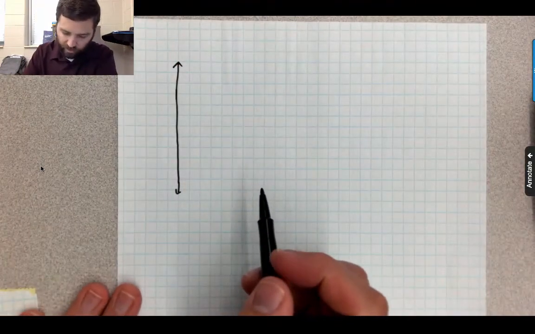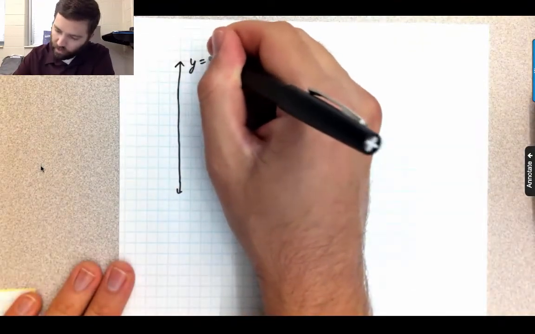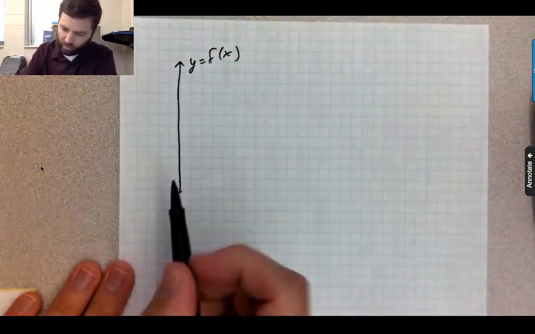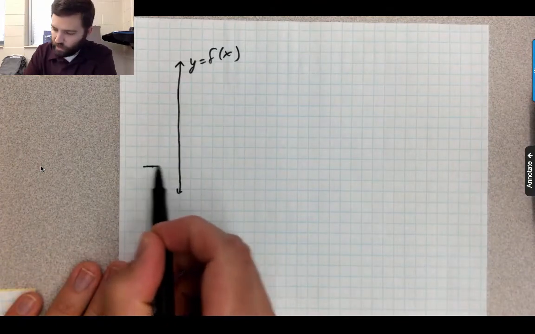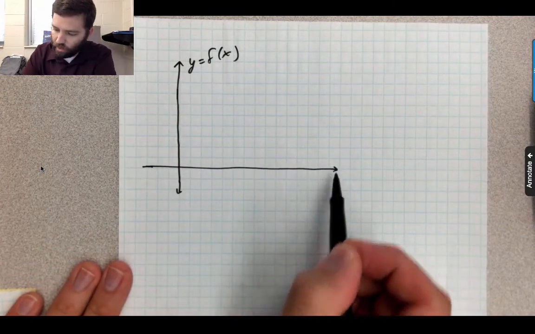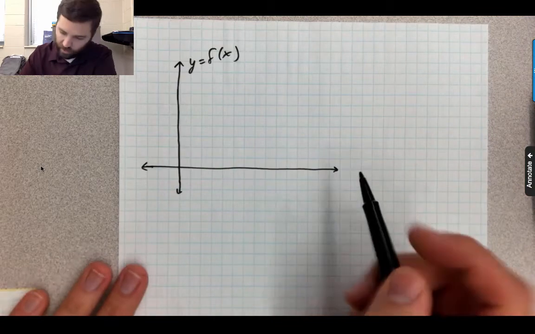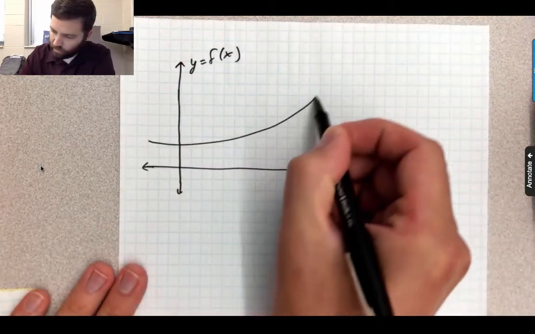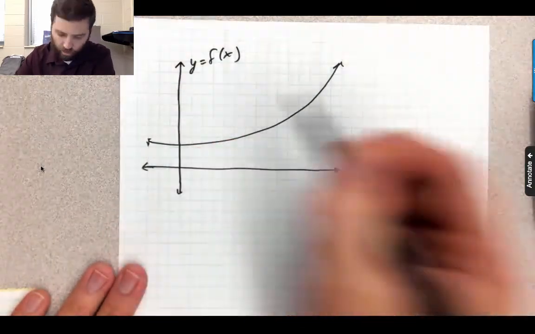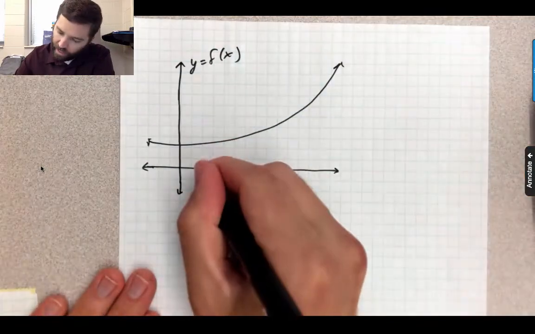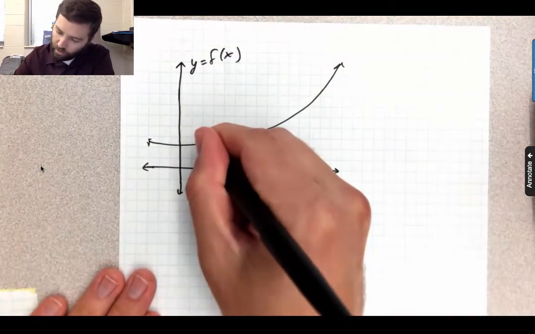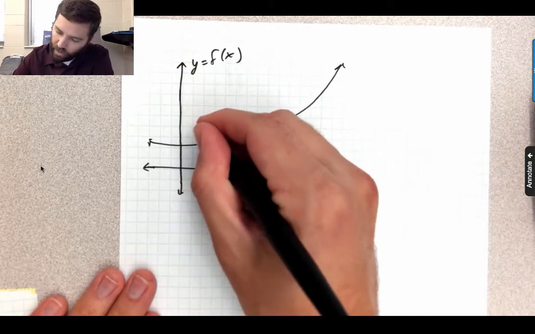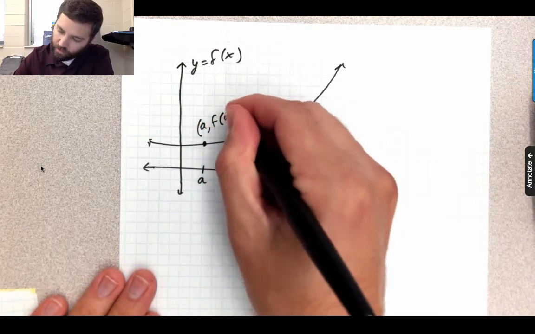So there's our y-axis. So our function will be y equals f of x. It doesn't really matter what the function looks like. We are going to sketch a function that is just going to look sort of nice for our purposes. So it's going to look something like this. Okay, so some arbitrary function y equals f of x. At A, I'm going to put a point on the curve. That point will be a comma f of a.